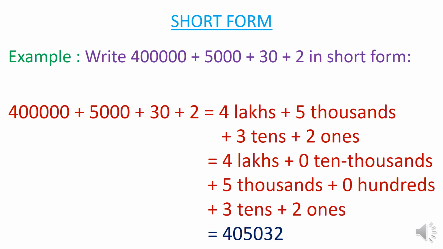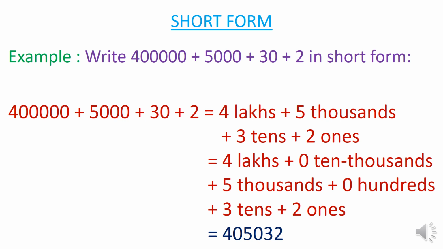4 lakhs plus 5,000 plus 30 plus 2 equal to 4 lakhs plus 5,000 plus 3 tens plus 2 ones. In this question, no number is given in 10,000's place. So, write 0 in 10,000's place.